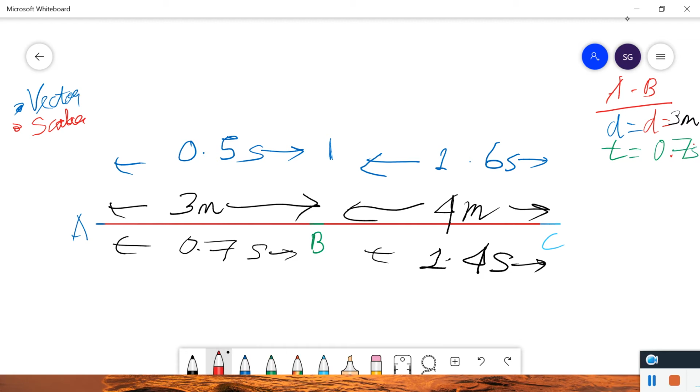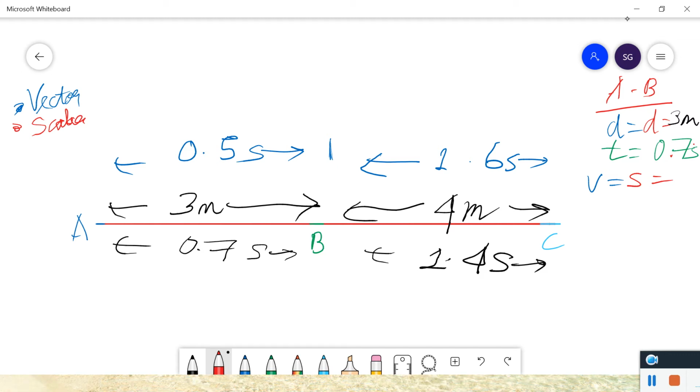So velocity is equal to speed is equal to 4.28 meter per second. Fine. Okay. Now this is the analysis of A to B.